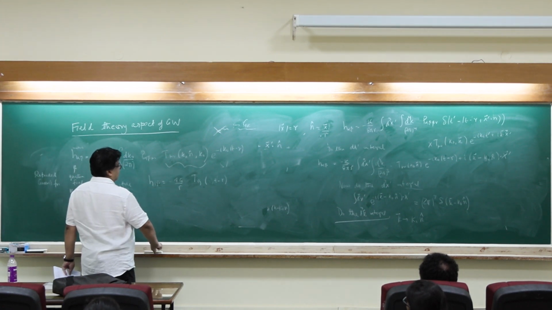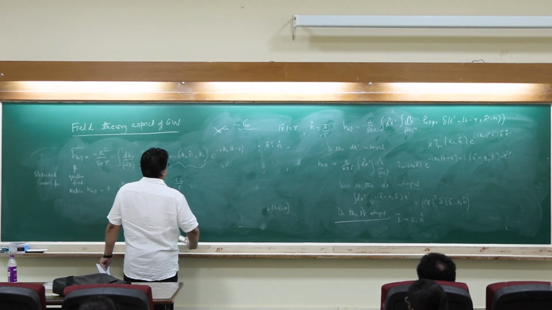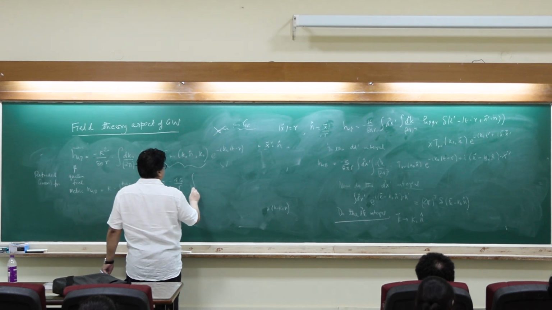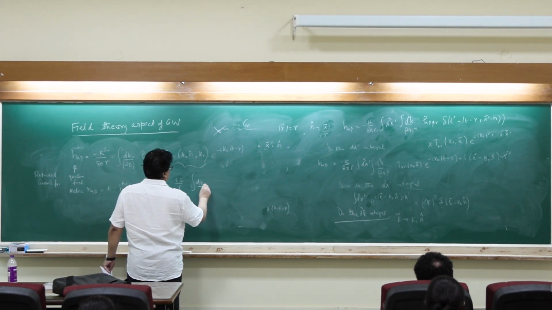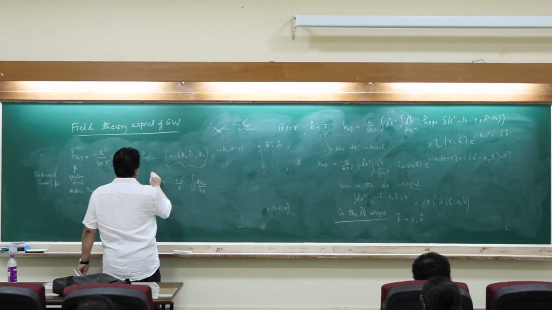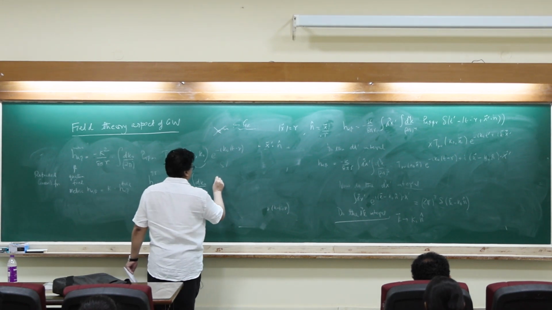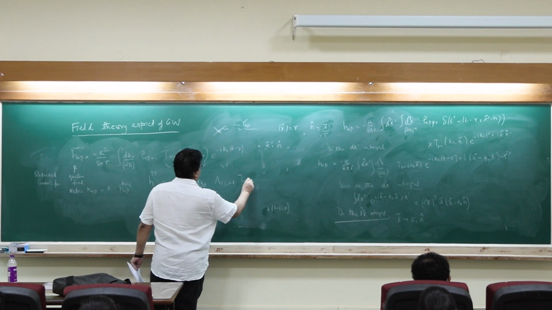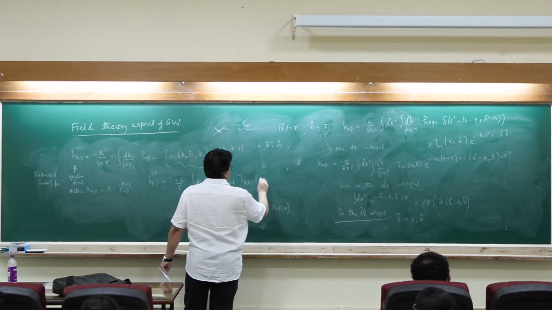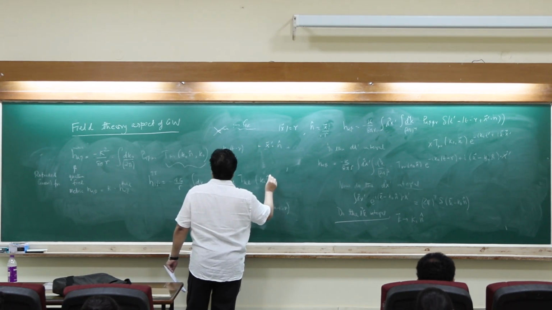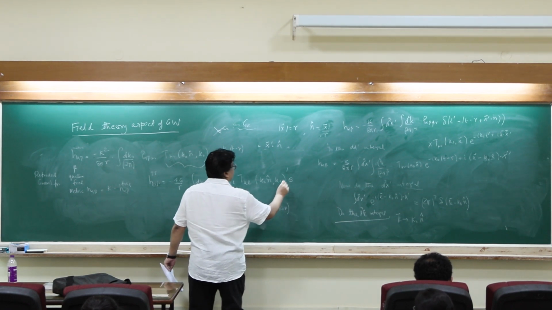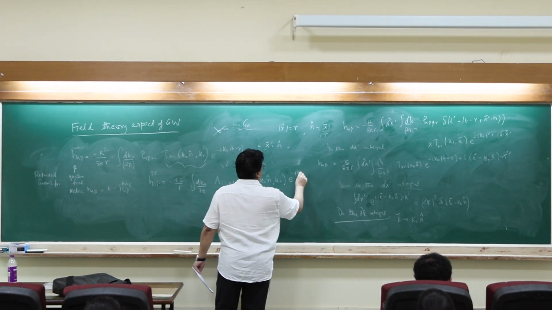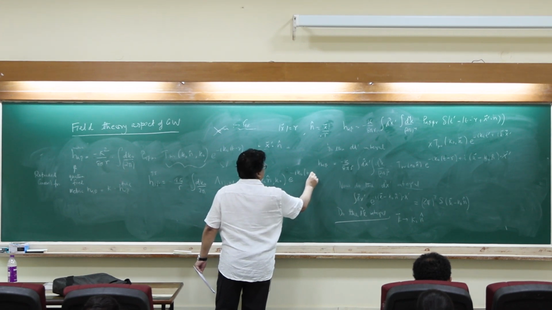So let me just write this full formula properly. dk naught upon 2 pi, and if I want Tij TT, this will reduce to my old lambda ij kl, Tkl of k naught n, k naught, e to the power minus i k naught (t minus r).